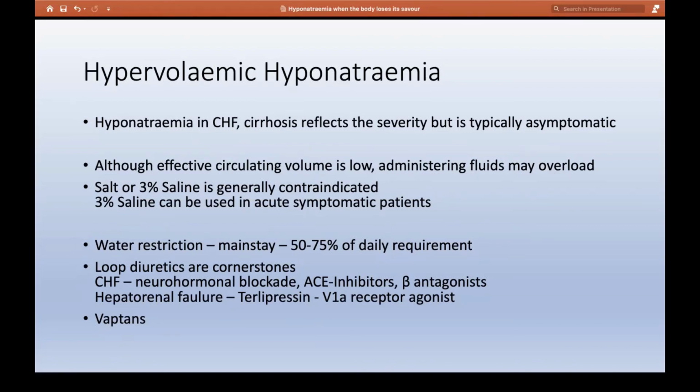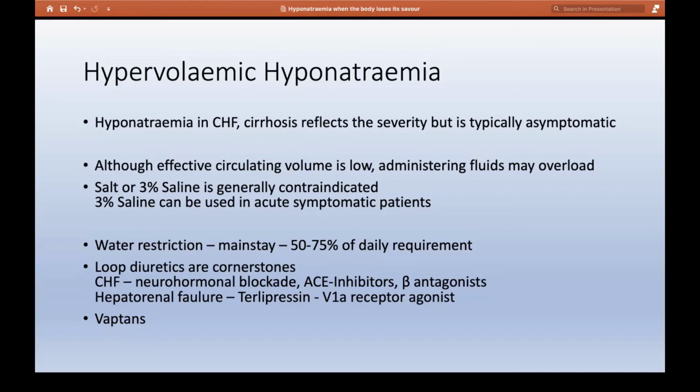So maybe up to about 1,000 to 1,500 milliliters per day, the water restriction is needed. And you need to get this excess water, which is there in the interstitial space, out of the body. So you will have to initiate loop diuretics. In heart failure, you have to use ACE inhibitors, or in hepatorenal failure, terlipressin can be used.